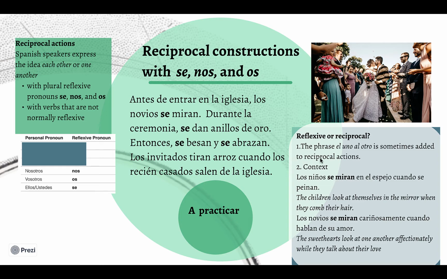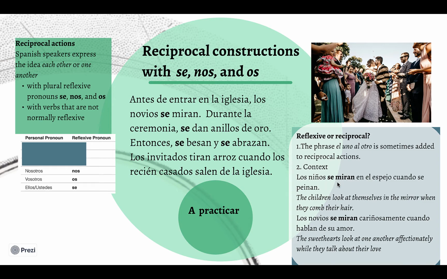But another way to know is the context. So read and take everything into consideration. Here is a wedding. And as you read along, you know that these are all reciprocal actions. And here's an example from the book, which makes it easier to see.